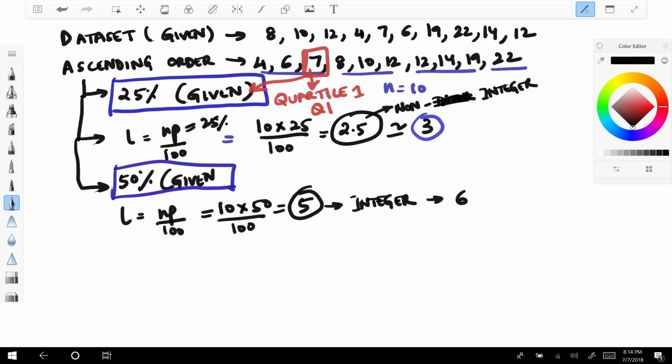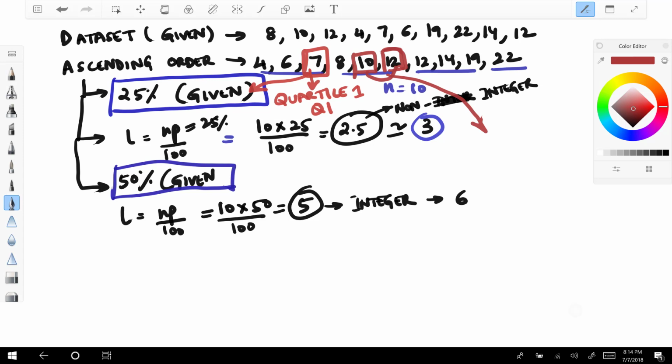So our 5th term is 10 and our 6th term is 12. So we will take the average of these two numbers.